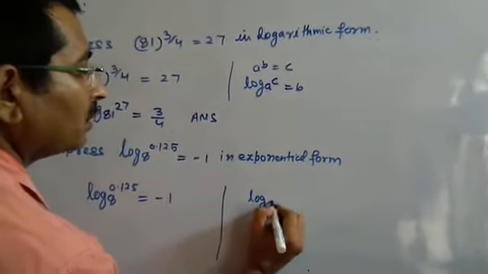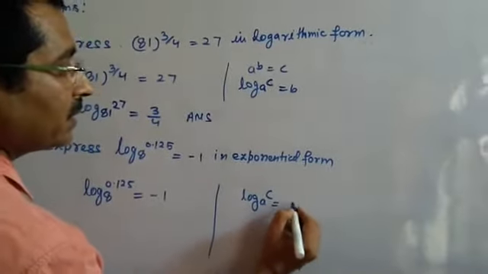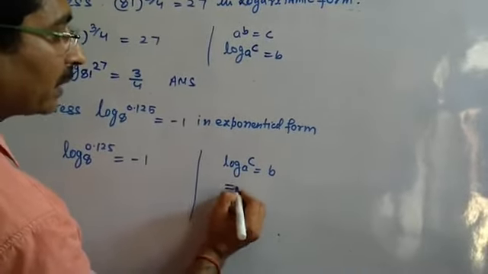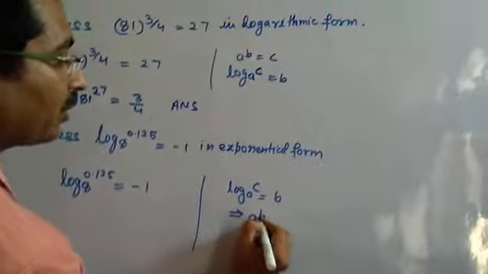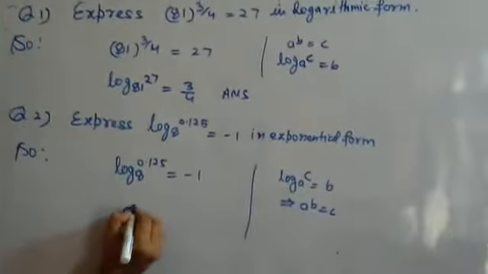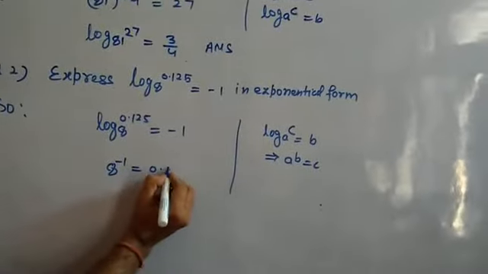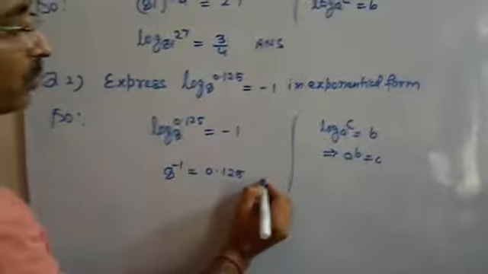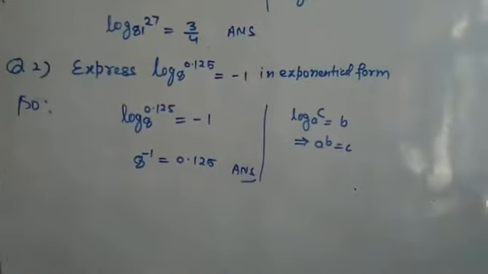Log c at base a equals b can be written in exponential form as a power b equals c. Therefore, from this, 8 power minus 1 equals 0.125. This is in exponential form.